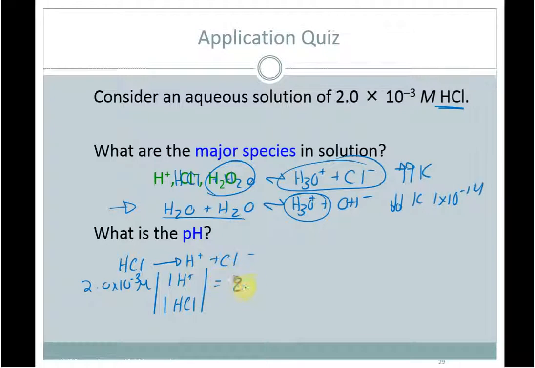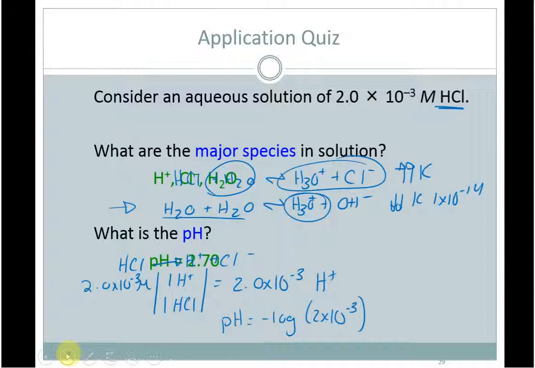Gives 2.0 times 10 to the minus 3 H plus. pH is just equal to negative log of that, which is 2.70. We could have considered this concentration from water, but really it would have been something like 2.7001 or so, and we just don't care enough to really go that far.